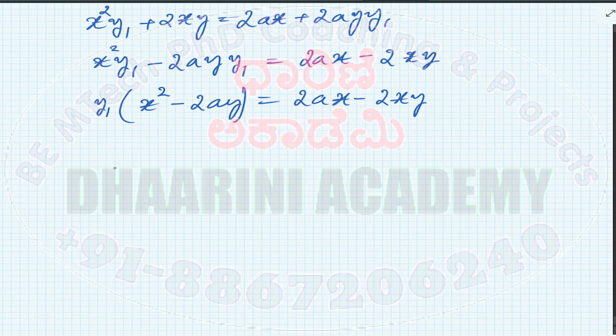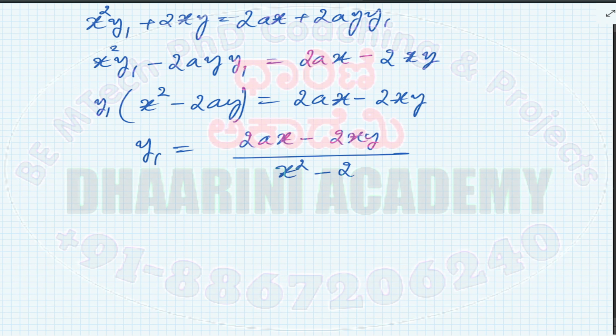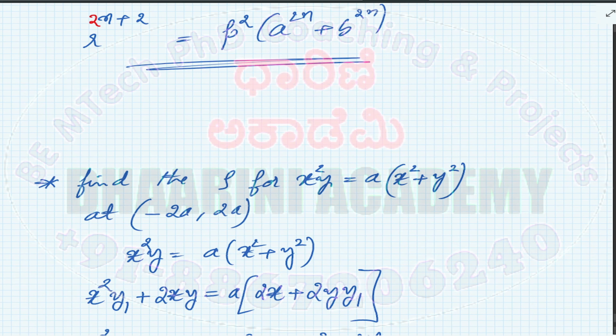So what is y1? Our intention was to calculate y1, and now we got that. This is 2ax minus 2xy divided by x square minus 2ay. This is y1. Now we need to calculate at the given point, which is minus 2a comma 2a.